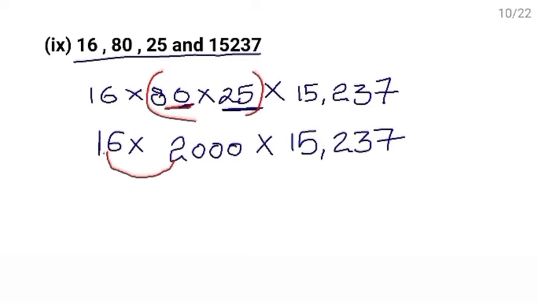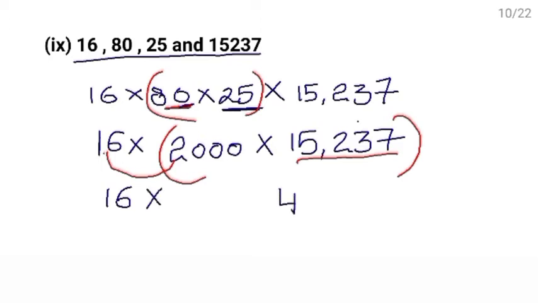16 2s are 32. But after that, when we multiply 32 by this number, it will be very time consuming. Clear? So firstly we will make a group of these two. 16 as it is, multiply: 2 sevens are 14, 2 threes are 6 plus 1 is 7, 2 twos are 4, 2 fives are 10, 2 ones are 2 plus 1 is 3, and how many zeros were there? 3.